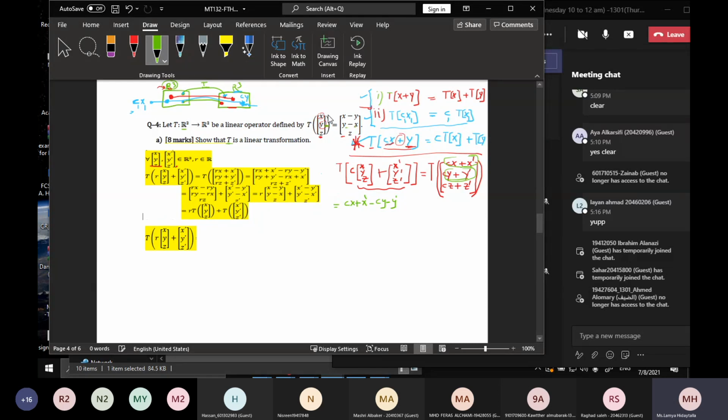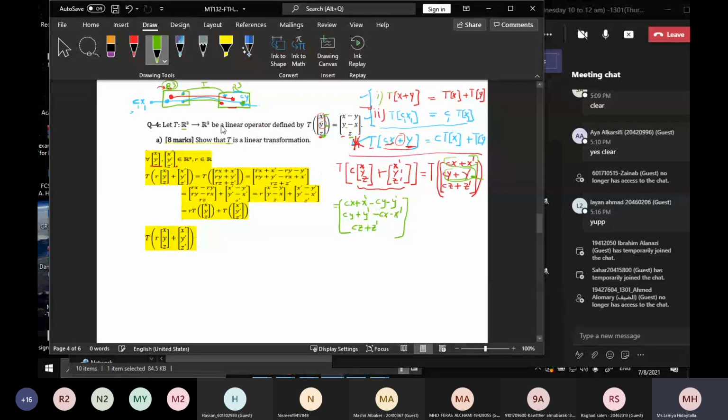Second minus the first. So this is cy plus y dash minus cx minus x dash. What about the third element? It is as it is: cz plus z dash. Now this is the vector I'm getting.